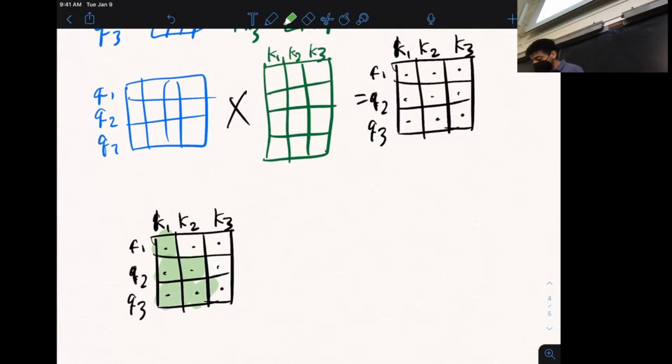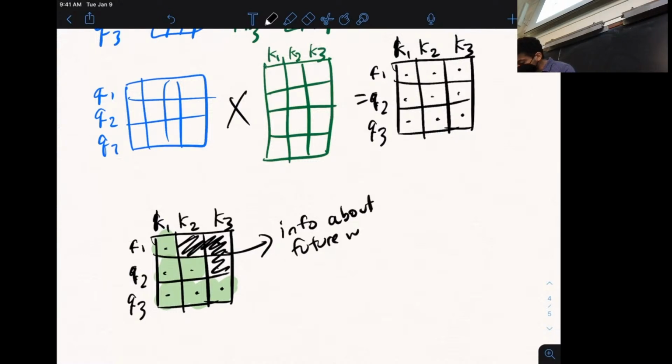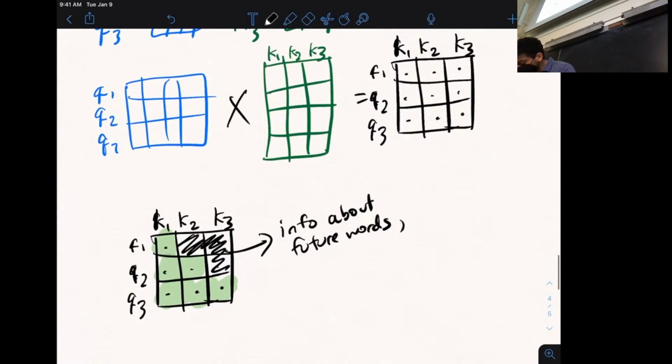For A3, I'm interested in all of these 3 cells. The remaining cells of this matrix are the ones associated with cheating, right? They have info about the future words. We need to exclude them.